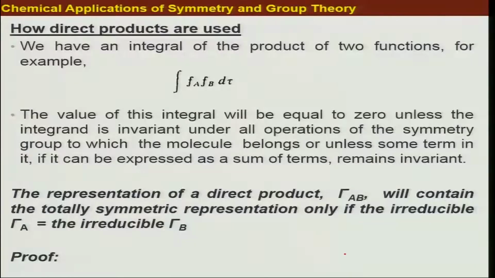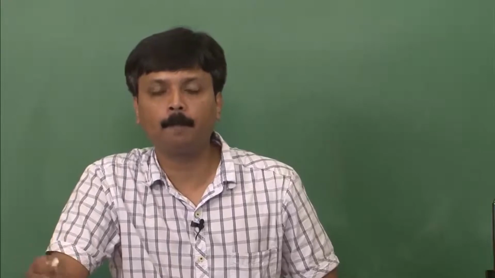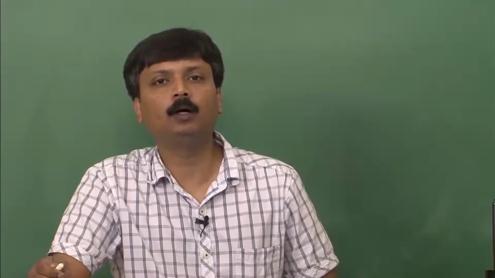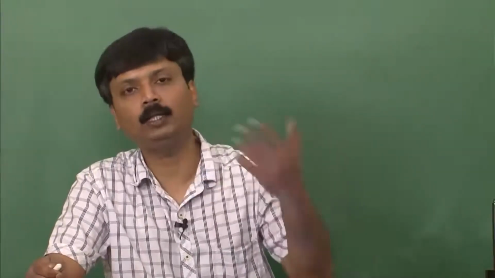That will vanish unless the total integrand is invariant. So what do you mean by the word invariant here? That means whatever symmetry operations you operate, it's not going to change. So all the time it will give you a +1 as character, right?